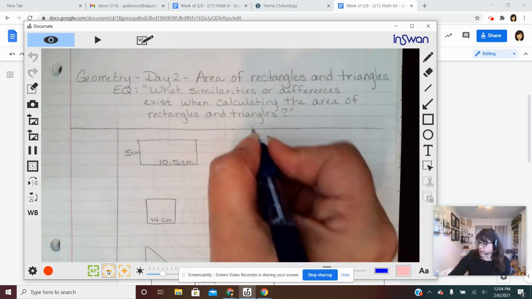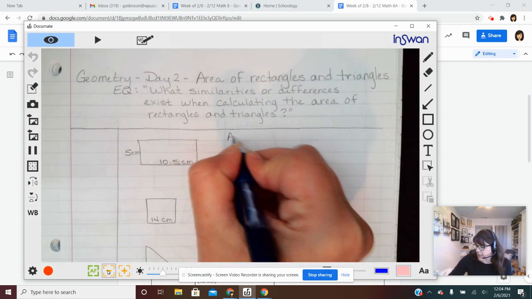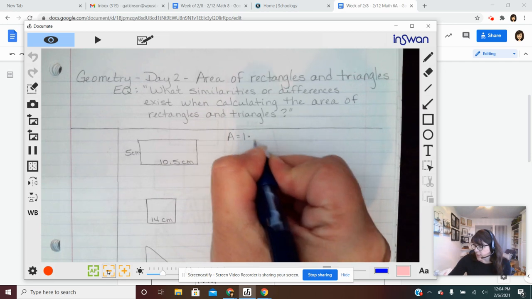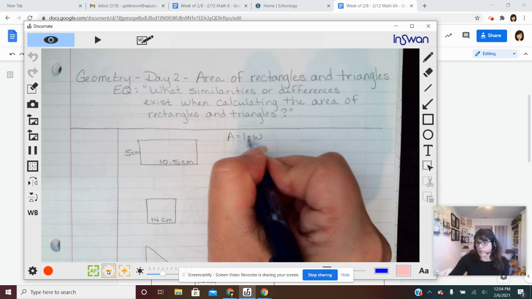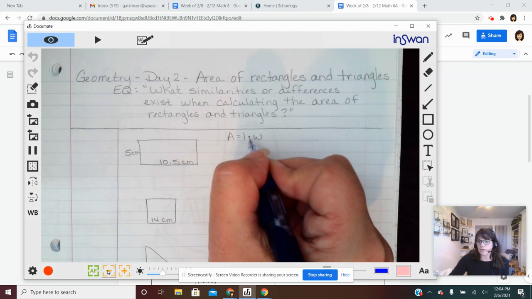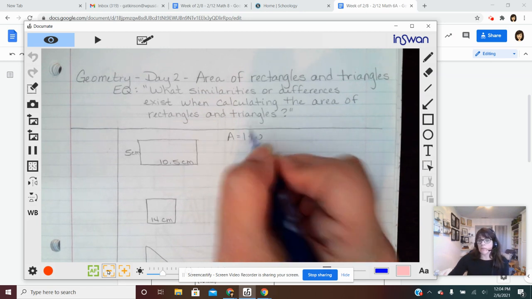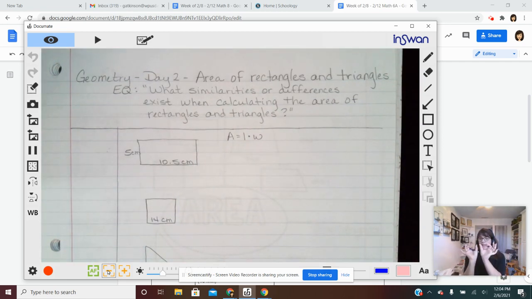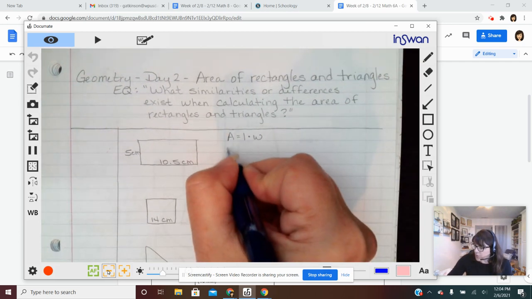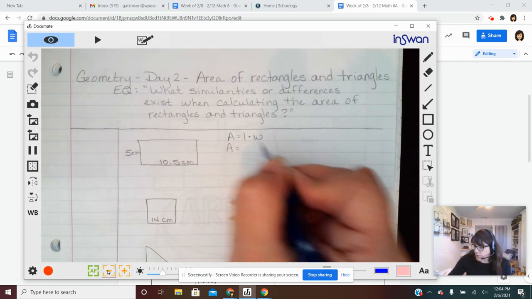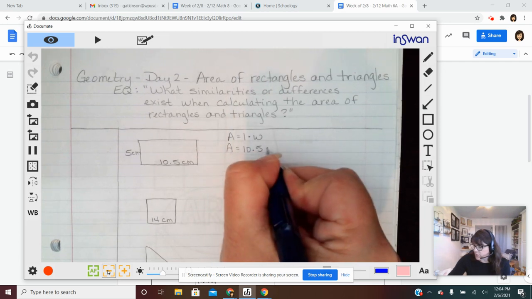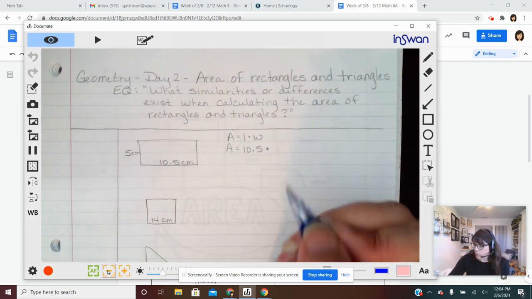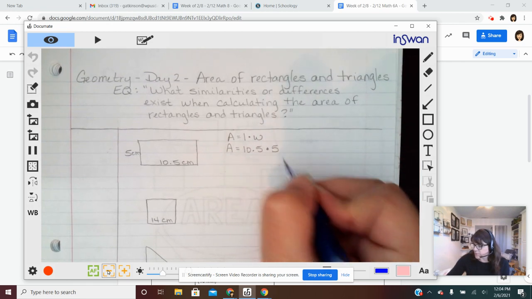We know that the formula for the area of a rectangle is area equals length times width. And the truth is, in a formula, you don't even have to write that times symbol. You'll see me not do it because the fact there are two variables together like that already means they're being multiplied. So now I'm going to evaluate it or write in the numbers. Length, 10.5 times width, 5.